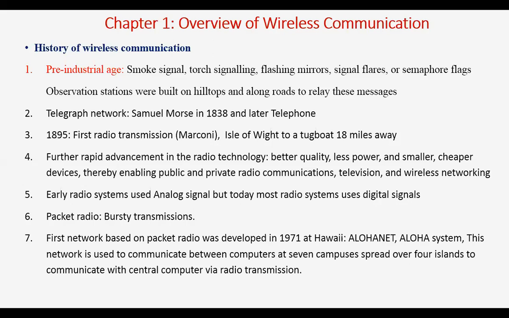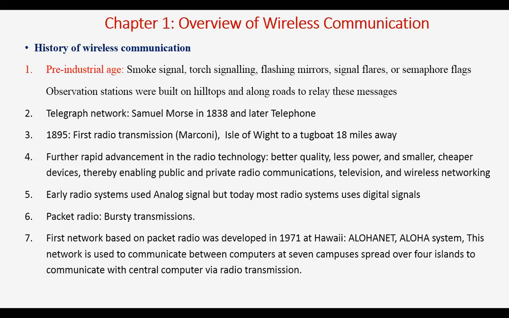Then there was further rapid advancement in radio technology, because we require better quality, less power, and smaller and cheaper devices, thereby enabling public and private radio communications, television, and wireless networking. Research and development come from the need of the people.